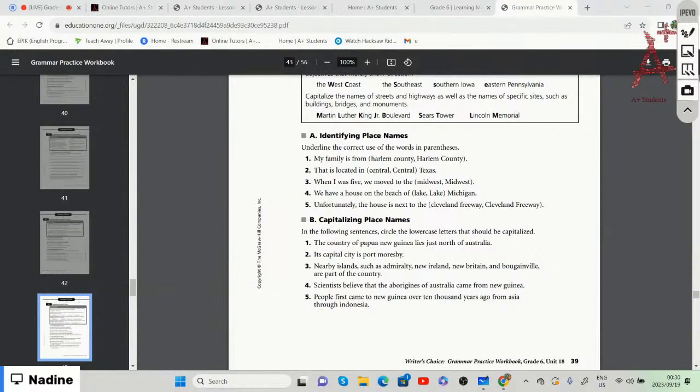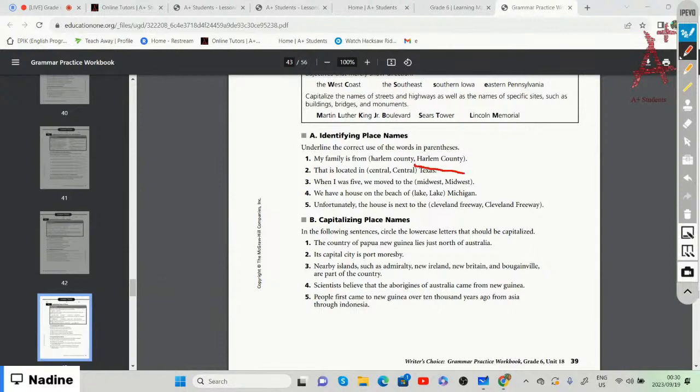So if we choose or underline the correct use of the word, then we are choosing Harlem County. This is located in Central Texas.